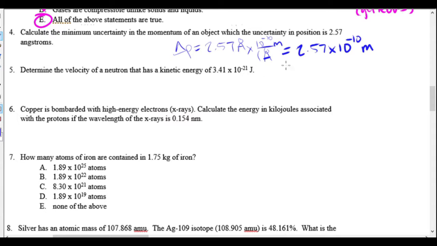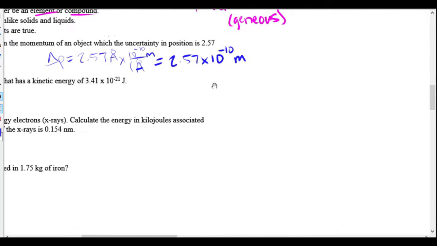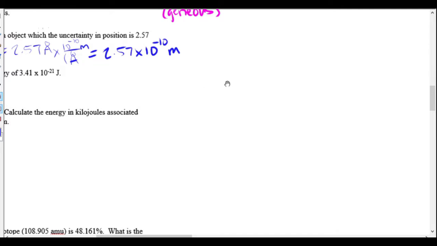Now, we're not done yet. We need to plug this into a formula to get our answer. The one that we're going to use is delta x times delta p is greater than or equal to Planck's constant over 4 pi.